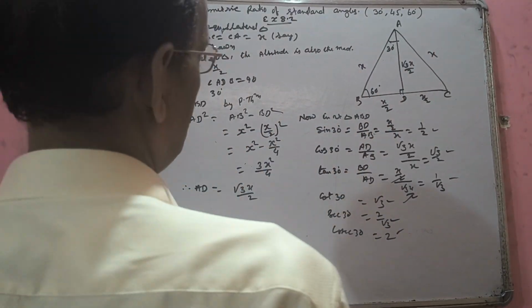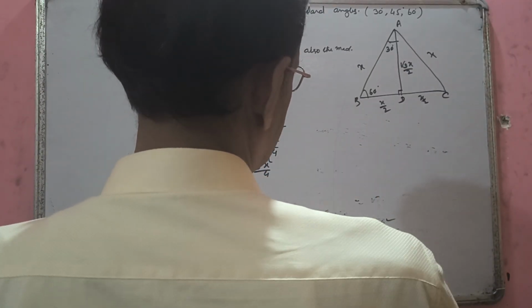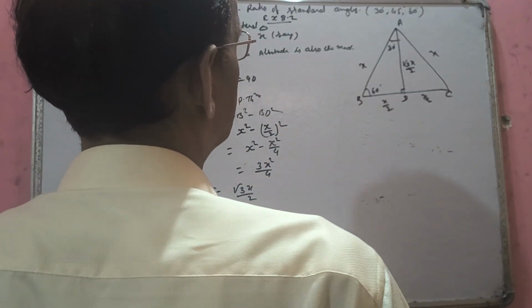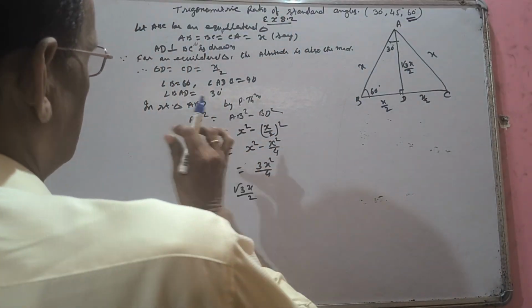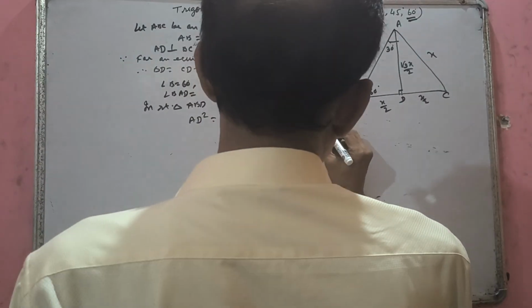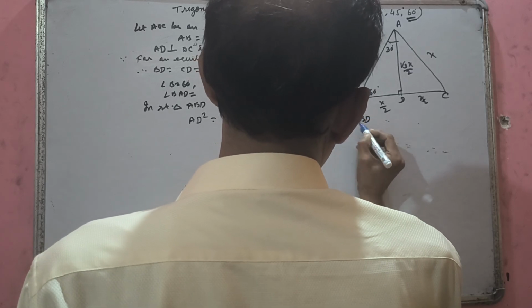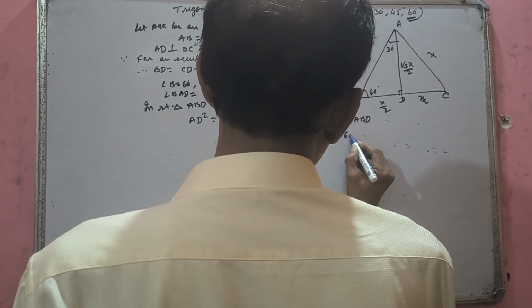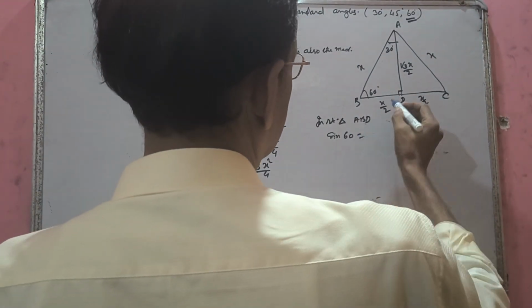Okay. Now, for 60 degree also the same diagram only. If you want to calculate 60 degree, till here everything is same. So now, in right triangle ABD, I will find sine 60 degree. This is 60 degree. Sine theta formula is what?